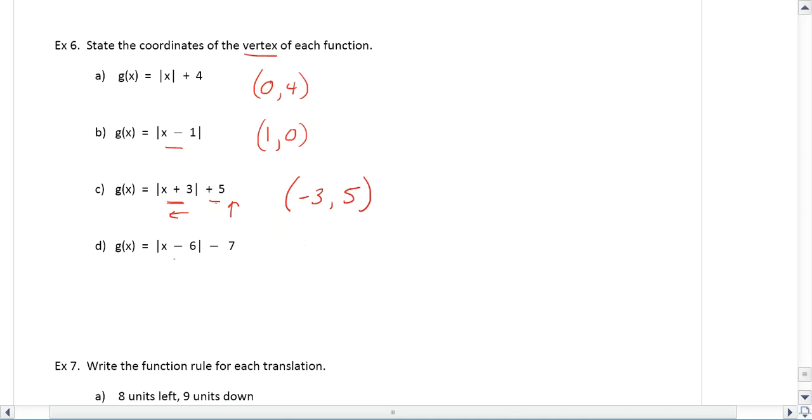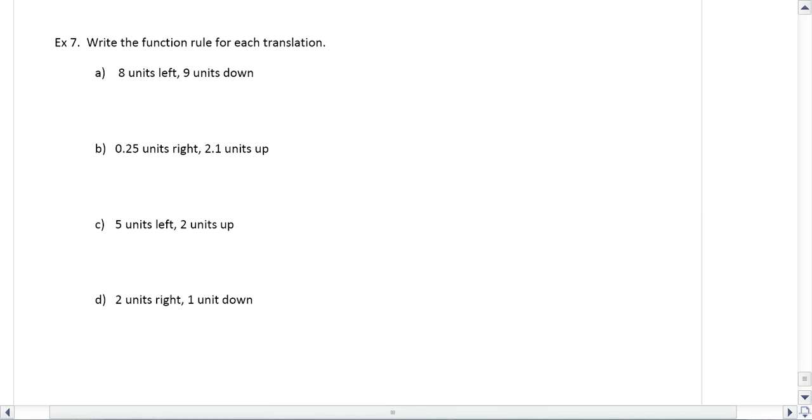Same thing with D here. This had 2 different translations. So this negative 6 moved the graph in the positive direction 6 units, and then this subtract 7 moved it down 7 units. And so this vertex ended up at 6, negative 7.